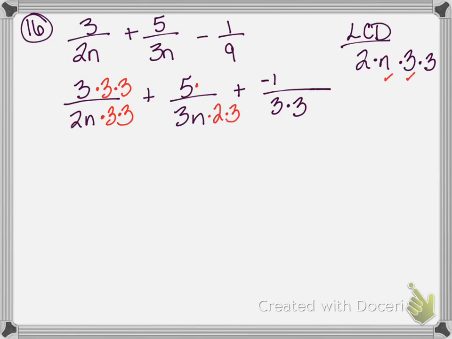So I have to make sure they're all accounted for. Okay? On my last one, I've got the 3 and the 3, but I'm missing the 2 and the n, so I'm going to put that in. Okay? Now, I've got my denominator.